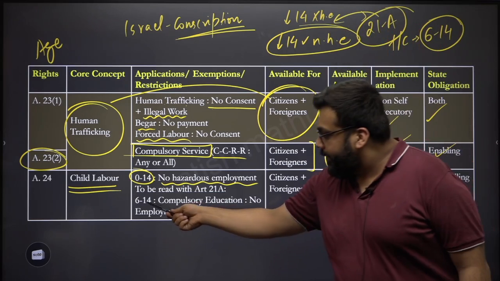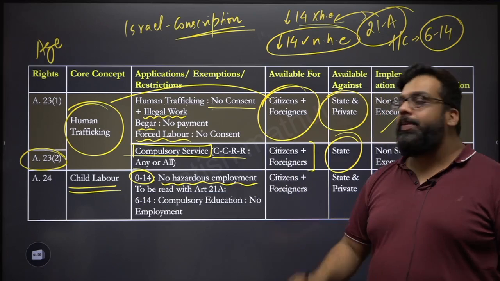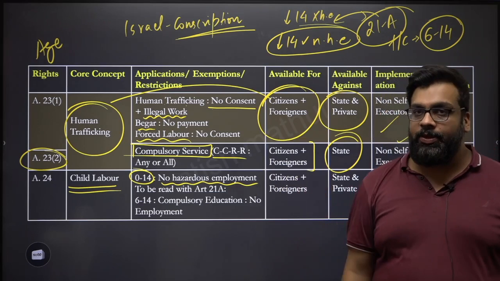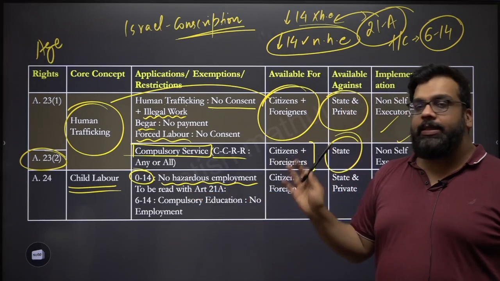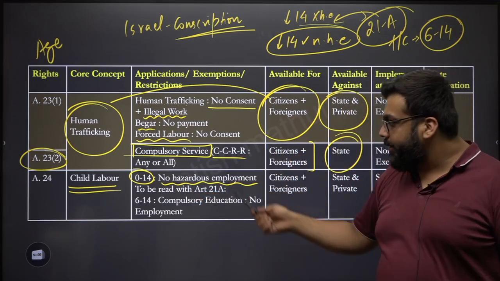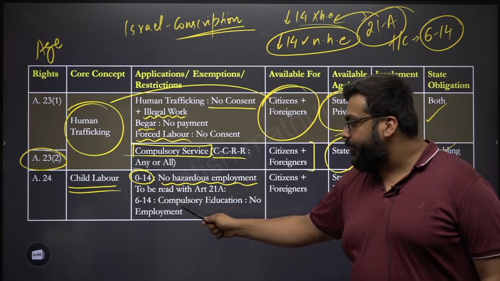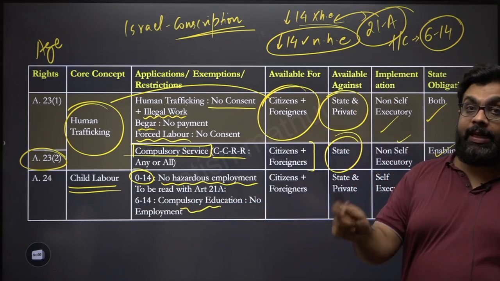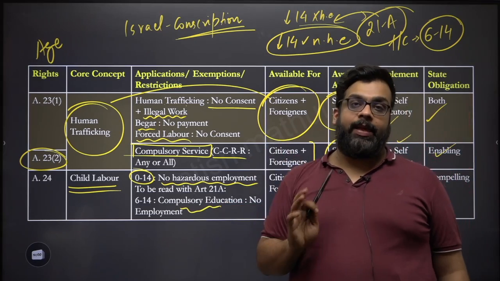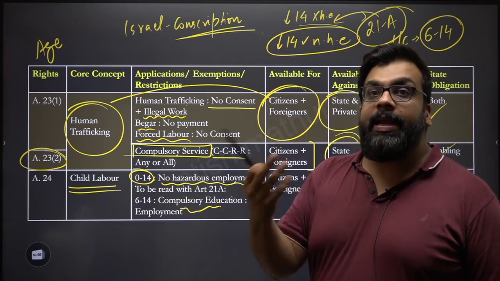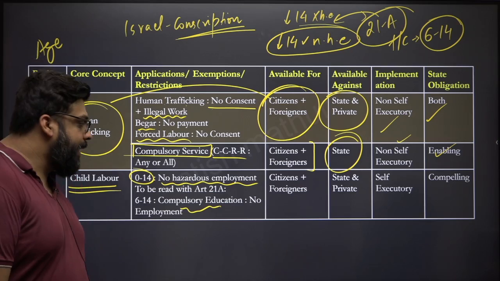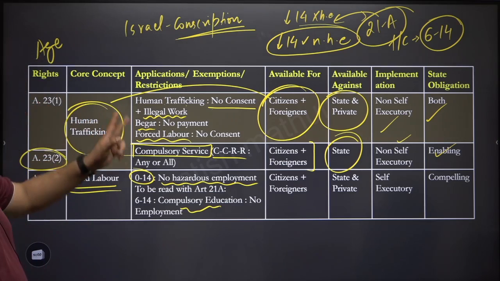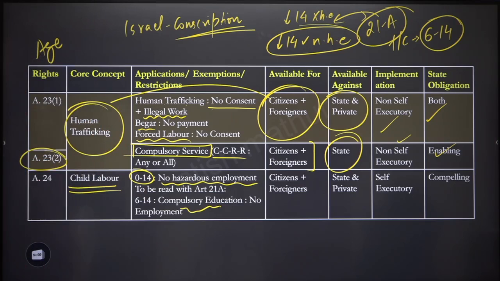So 6 to 14, no employment whatsoever. 0 to 6 also no employment. 14 and beyond, whether it is hazardous or non-hazardous, we'll get to that. But 0 to 14, 6 to 14, compulsory education. So technically, you cannot be working or you should not be working. It is free and it's compulsory. How it gets implemented in reality is a different story, but this is how both the rights have to be read very, very clearly together.